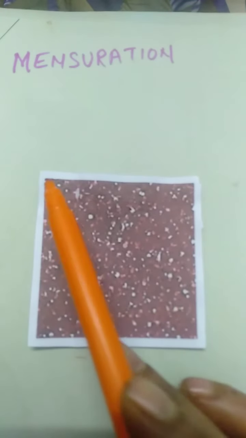Because it is the same for all the sides, the perimeter is 4 into the measurement of one side. This you already know and have studied in the lower classes.